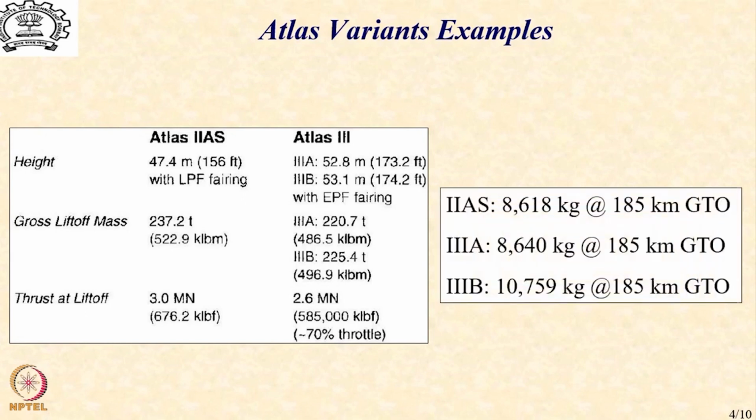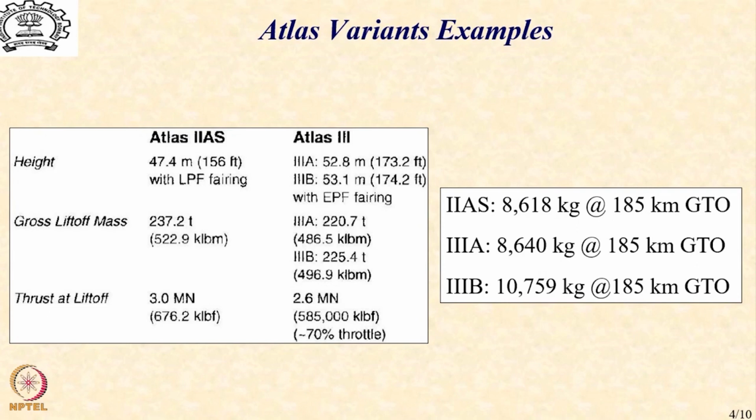So Atlas 2AS is expected to launch a mass of 8,618 kg to achieve a 185 km geotransfer orbit, while Atlas 3A, which uses a slightly smaller lift-off mass, is expected to perform the same mission with a slightly larger payload of 8,640 kg.